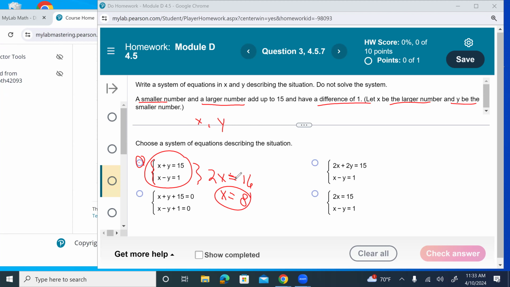They have to add up to 15. So if x is 8, just add a number that would equal 15. 9, 10, 11, 12, 15, so 7. And then check the other one. Do they subtract to give you 1? Yeah. And then y equals 7.